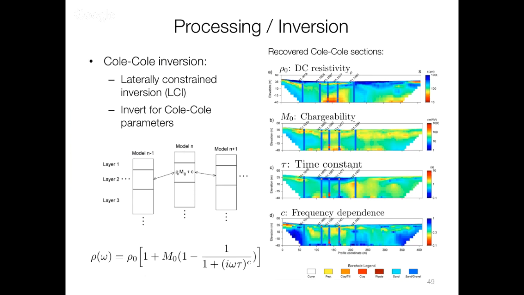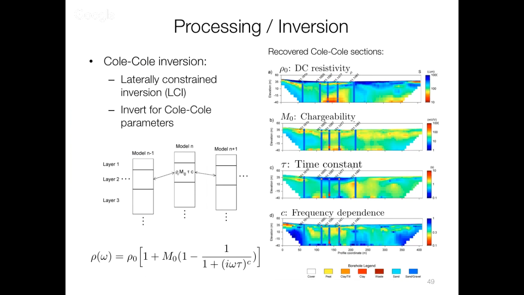There's tau, which is related to where this peak is, well, 1 over tau, related to the frequency where that is. And there's C, which is kind of a frequency factor, and really what it will tend to do is to kind of spread out this kind of curve.